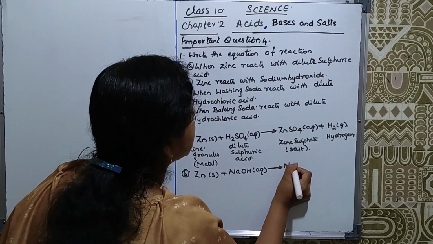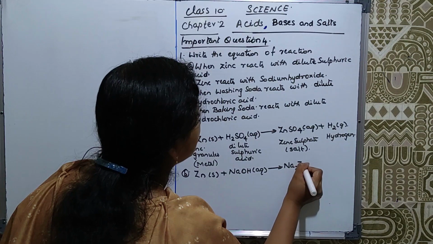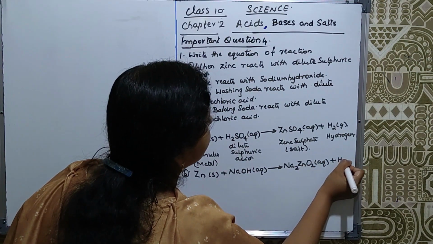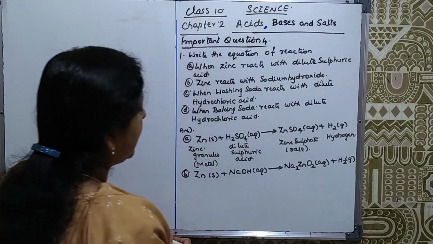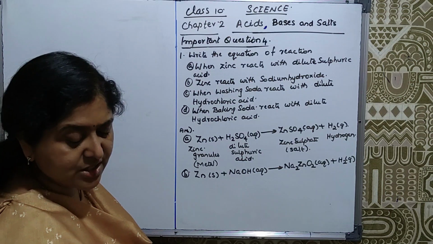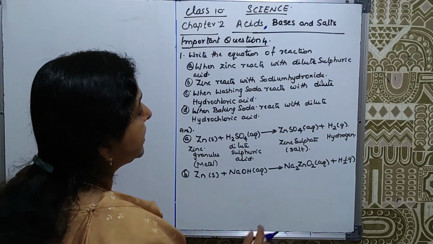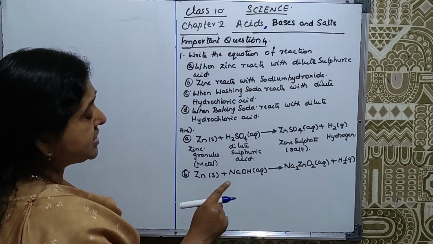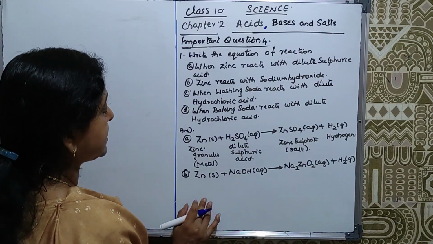Sodium zincate is Na2ZnO2 aqueous plus hydrogen, the gaseous form. We have to balance that one. This equation is very important because we get this compound only one time in this chapter.